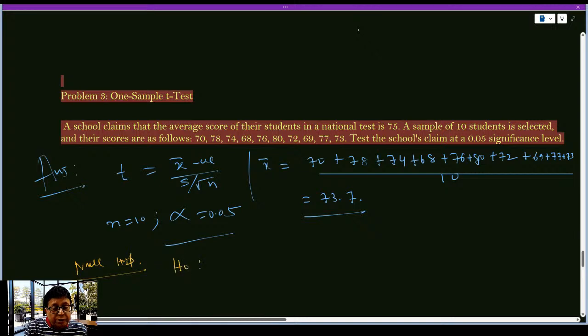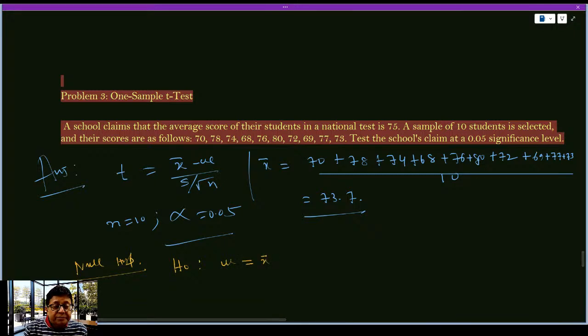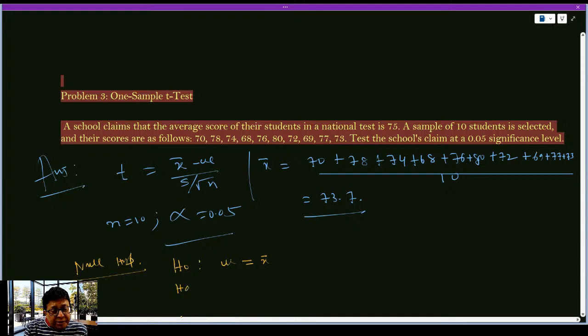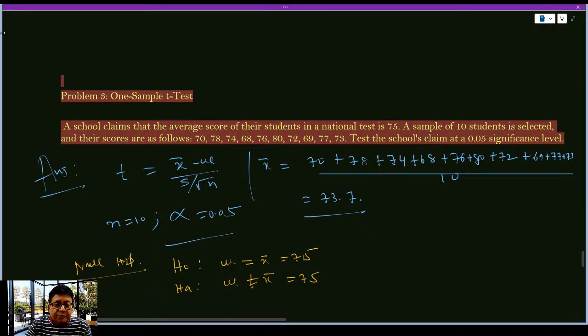H0, we assume that mu is equal to 75. Here the assumed alternative is mu not equal to 75. Not equal to means you need to do a two-tailed t-test.